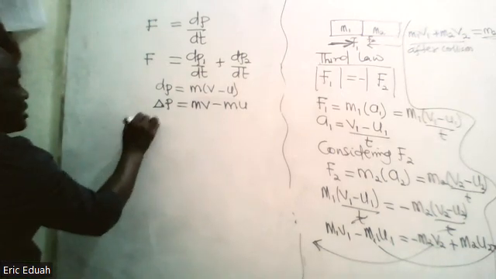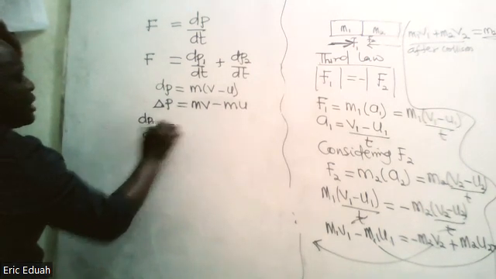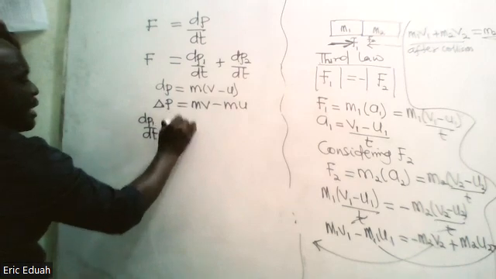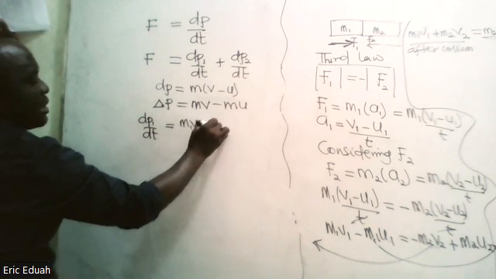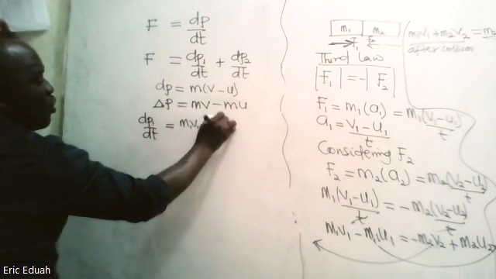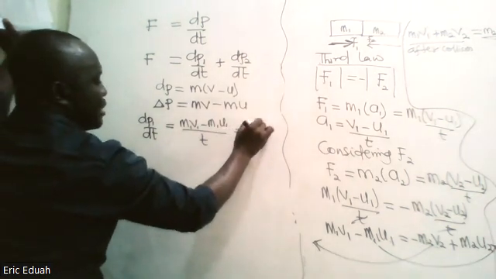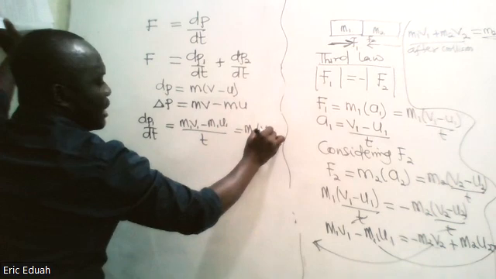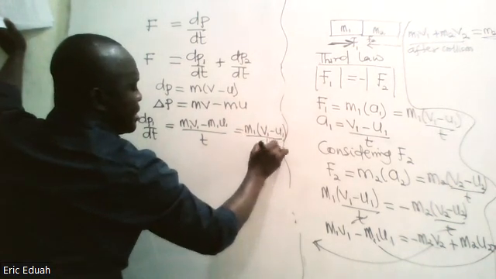So the P1 on dt would be equal to P1v minus m1 u1 all on t. And this is equal to m1 v1 minus u1 all divided by t.